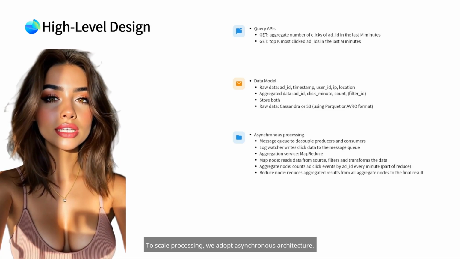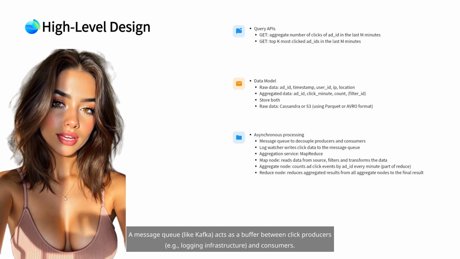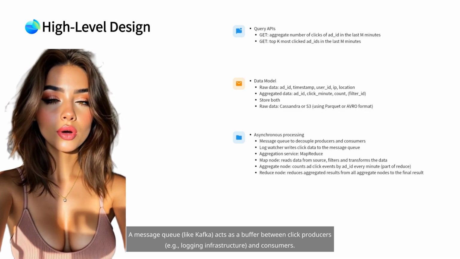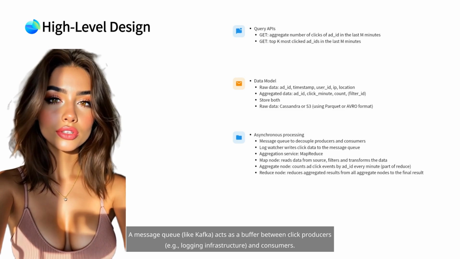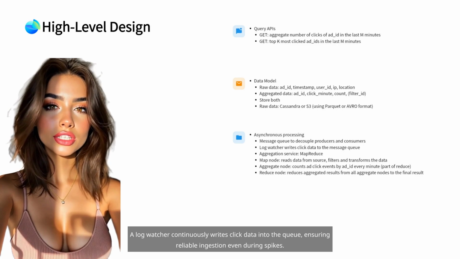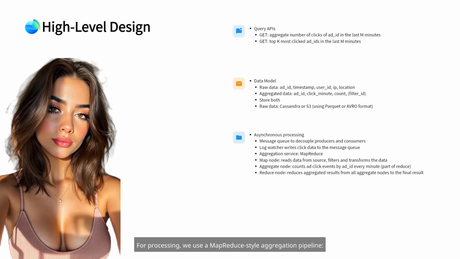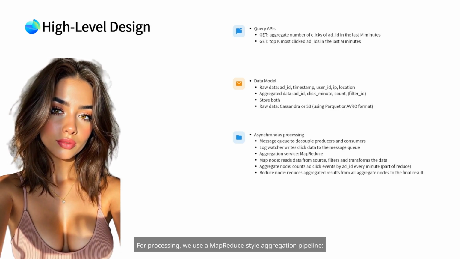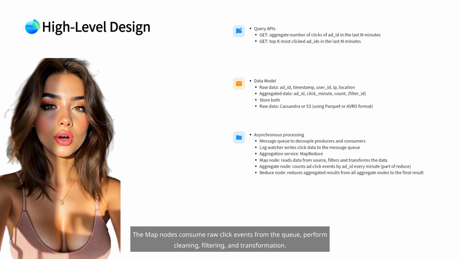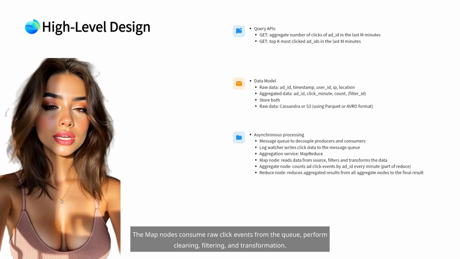To scale processing, we adopt asynchronous architecture. A message queue, like Kafka, acts as a buffer between click producers, e.g., logging infrastructure, and consumers. A log watcher continuously writes click data into the queue, ensuring reliable ingestion even during spikes. For processing, we use a MapReduce style aggregation pipeline. The map nodes consume raw click events from the queue, perform cleaning, filtering, and transformation.